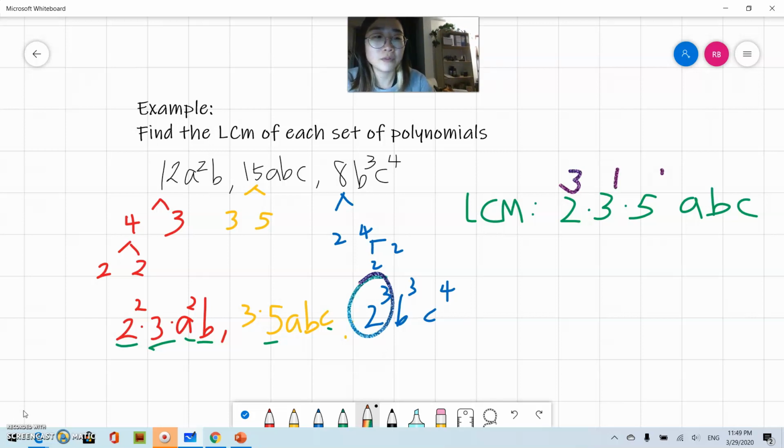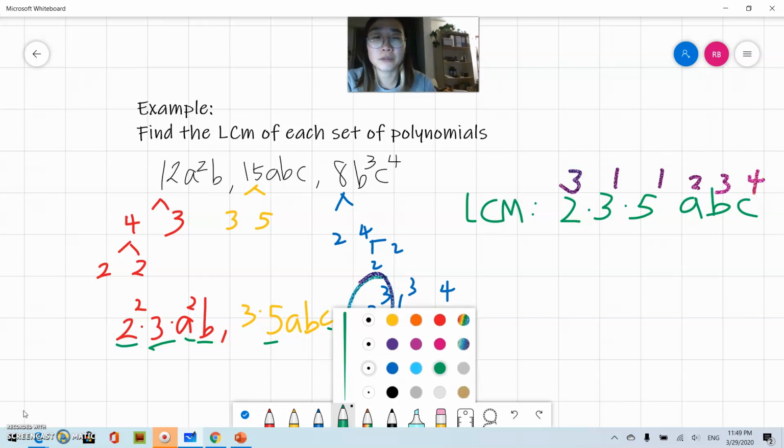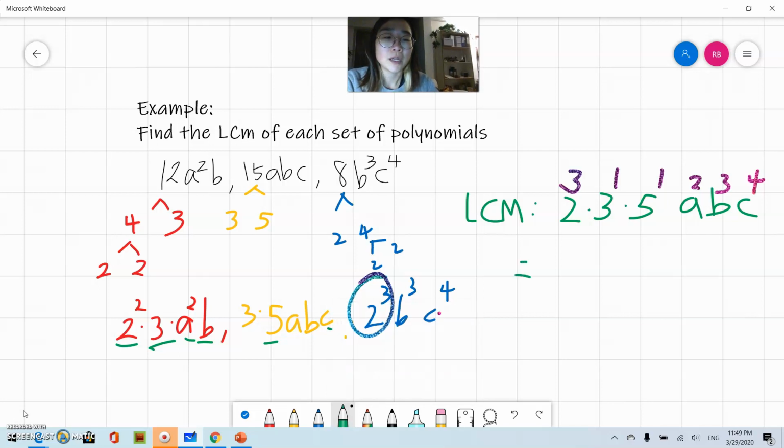Highest power for 5? 1. Highest power for a is squared, b cubed, and c to the fourth. Let me simplify the number, because for the variables there is nothing you can do. This is 8 times 5, which is 40, times 3, so 120. a squared, b cubed, c to the fourth is the LCM for these three expressions.